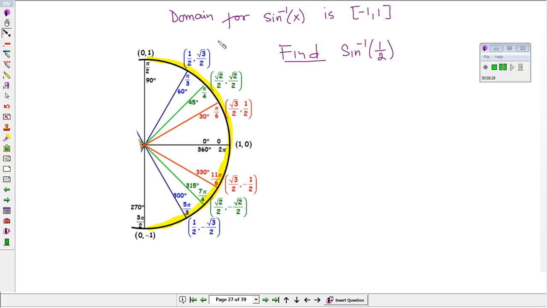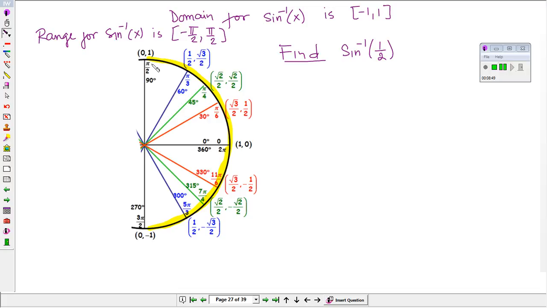The range for my inverse function, the range for inverse sine of x, is from -pi over 2 to +pi over 2. So that's what we keep in mind right now.